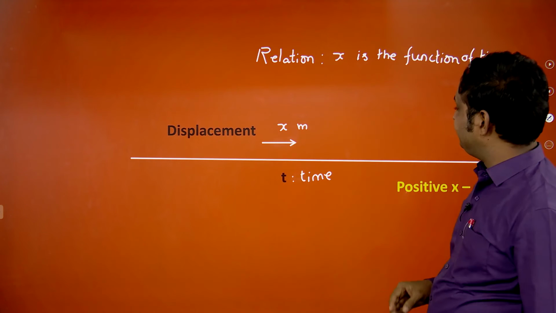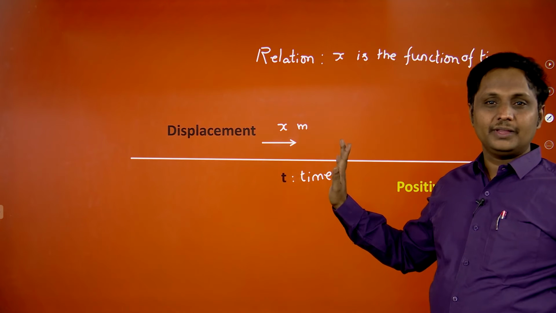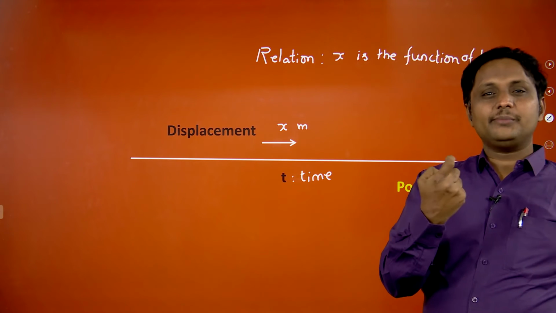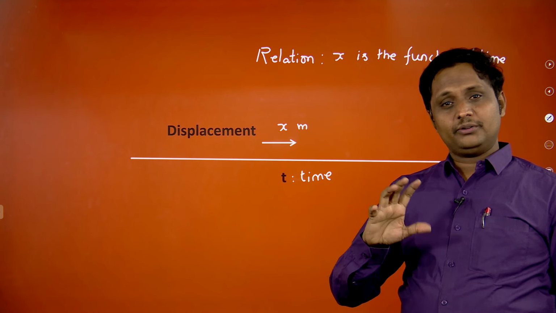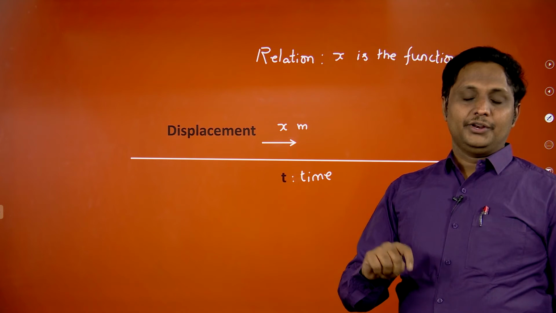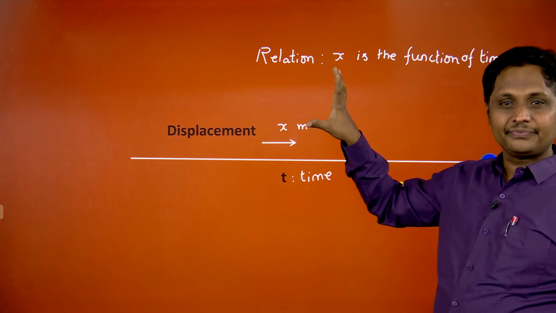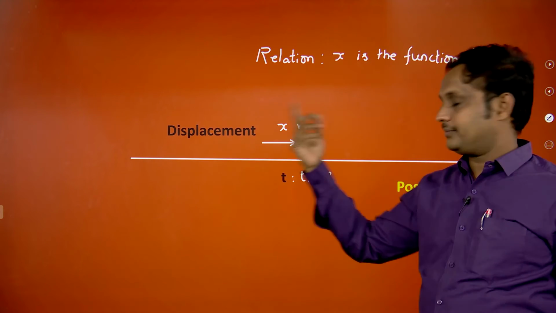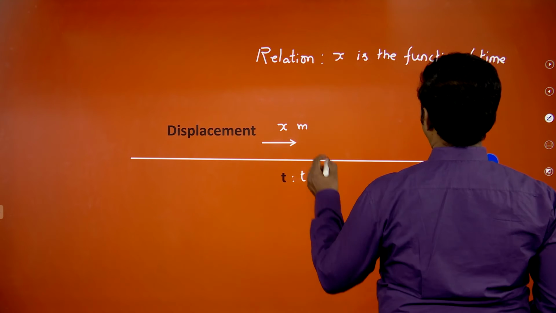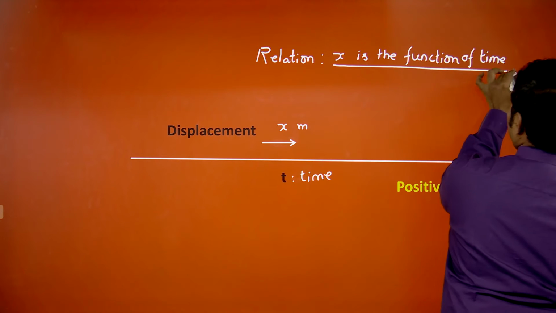As the time increases, what happened? It is going to change its value. When you are going to frame the relation between two parameters, one is going to depend on another. Now you can frame the relation between x and t. As the time increases, x is also going to change. I am going to get that relation, that is x is a function of time t.